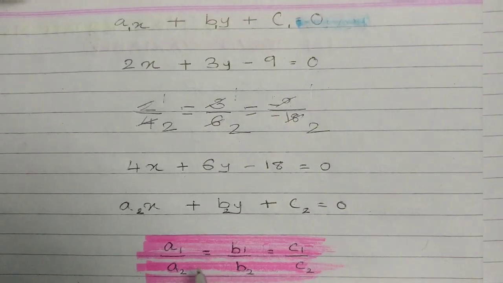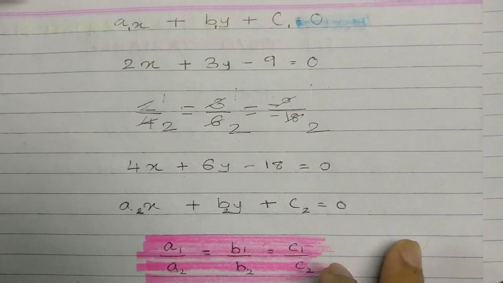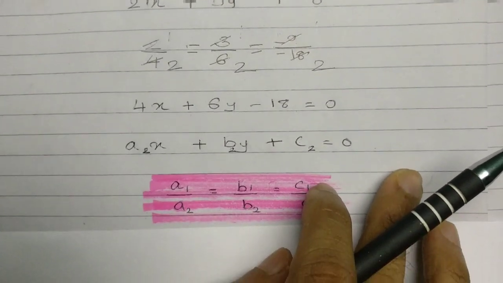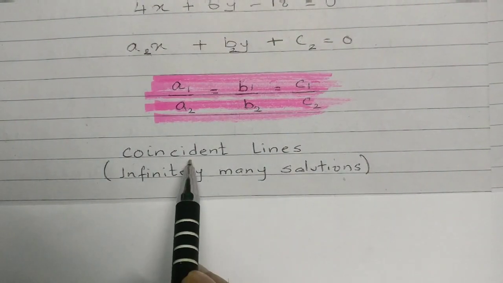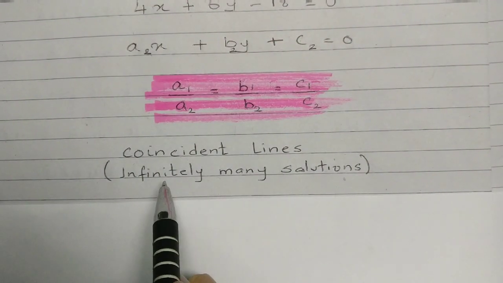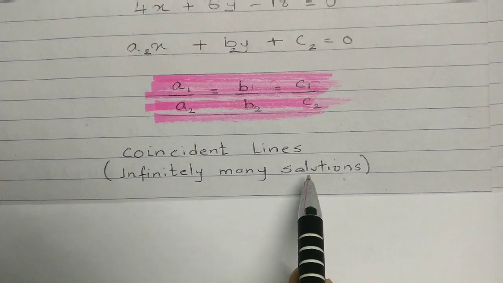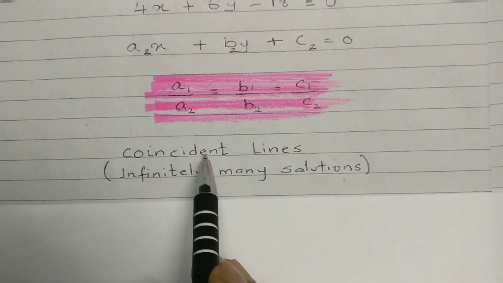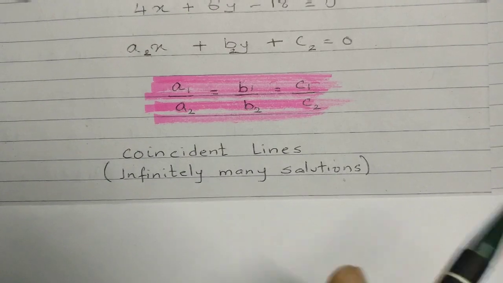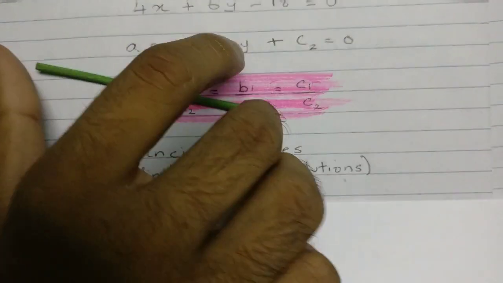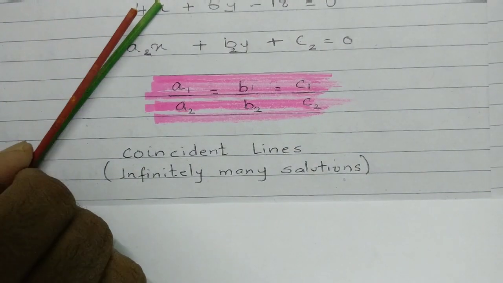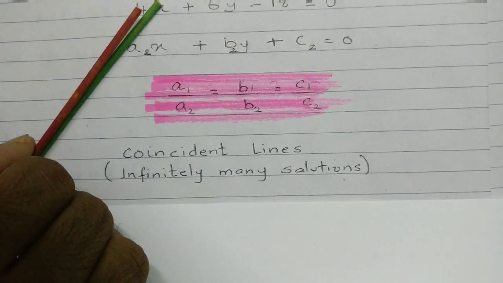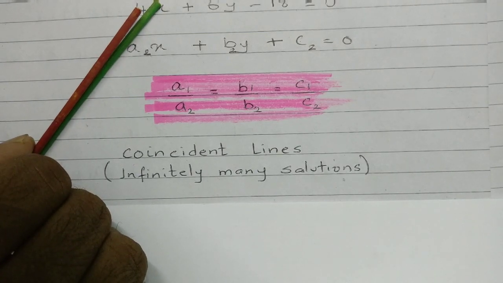Now when this condition is satisfied, we get coincident lines which have infinitely many solutions. Coincident means the first line and the second line are exactly on top of each other.